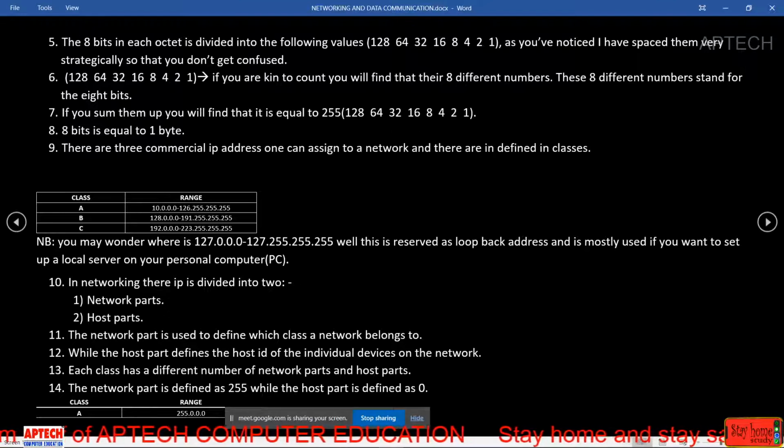You get my point? So they assigned IPs to be used commercially.